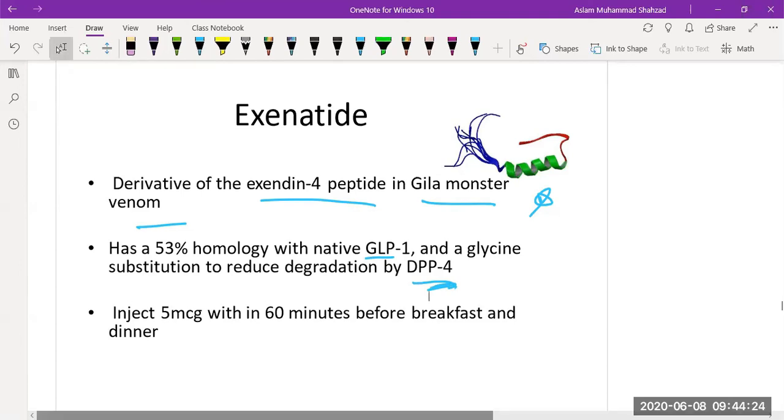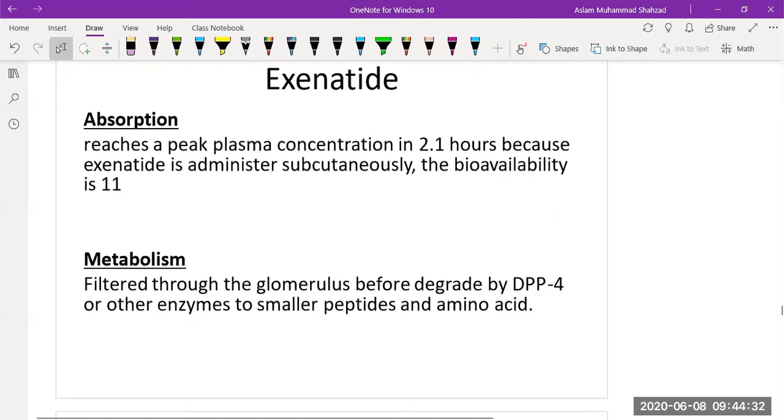So we mentioned that a 5 microgram injection is given first, within 60 minutes before breakfast and dinner. And regarding absorption, the peak plasma level is attained around 2.1 hours, because it is administered subcutaneously.